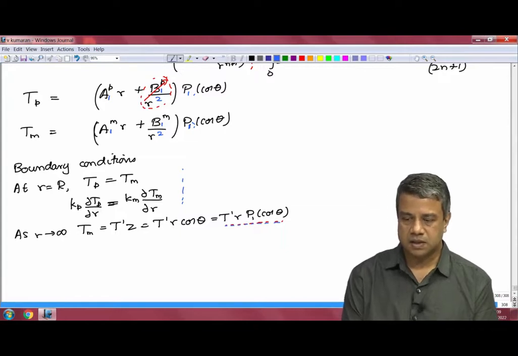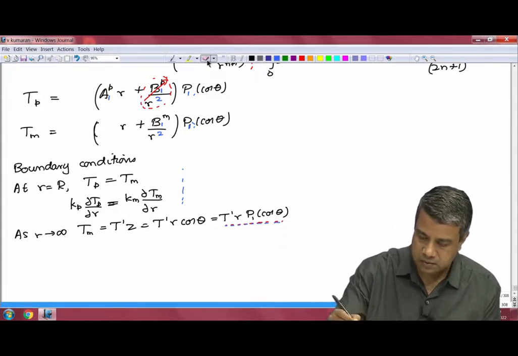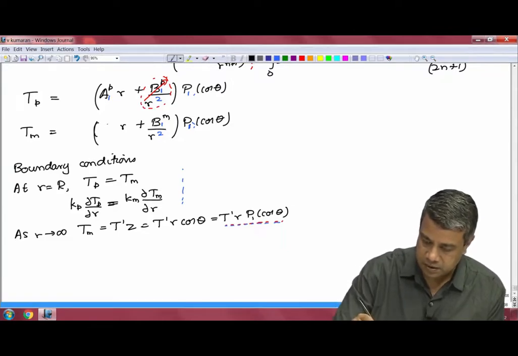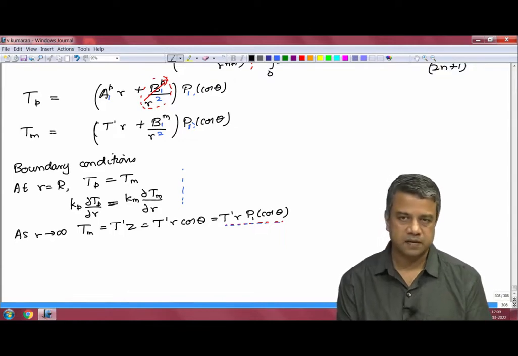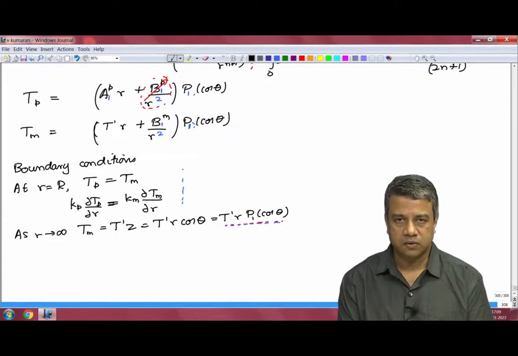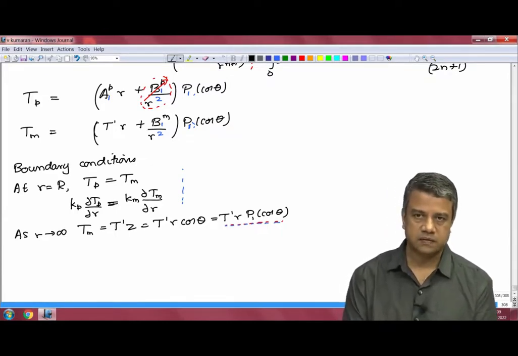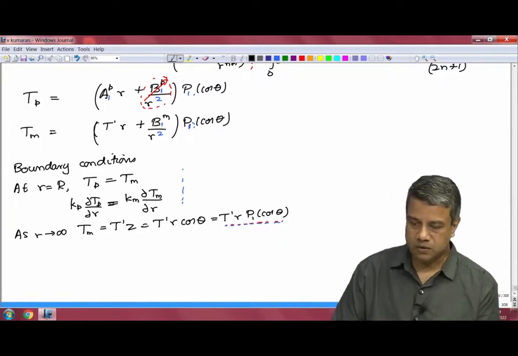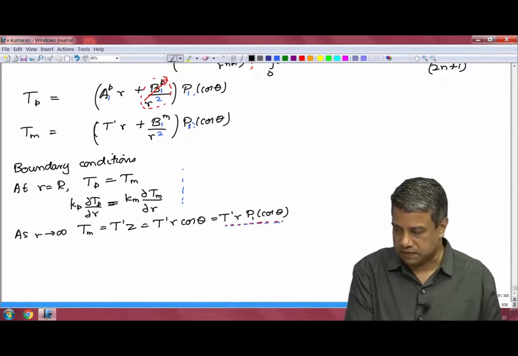That equation will be satisfied only if A1m is equal to T prime. And then we are left with two more coefficients that have to be evaluated from the boundary conditions at the surface.